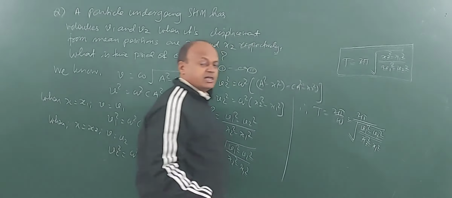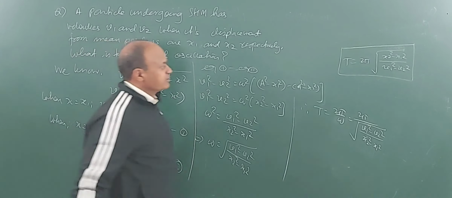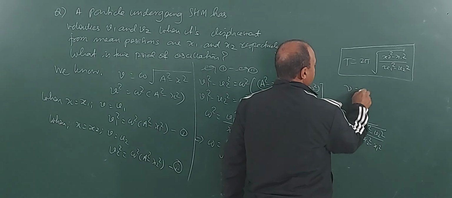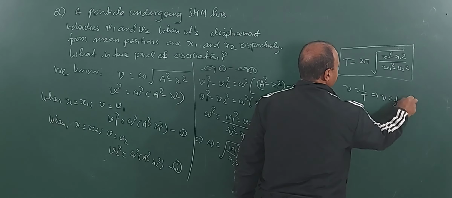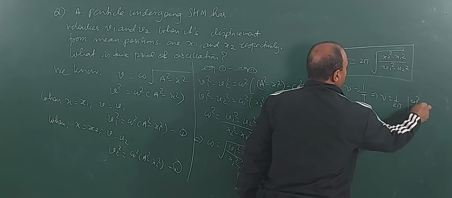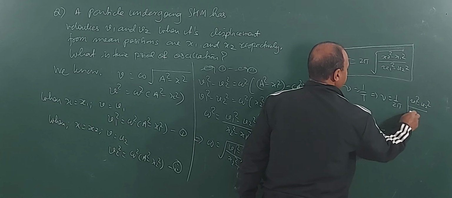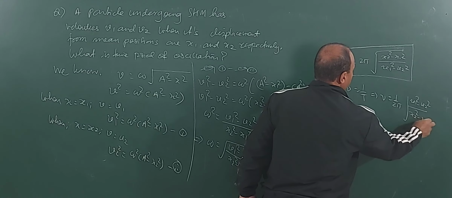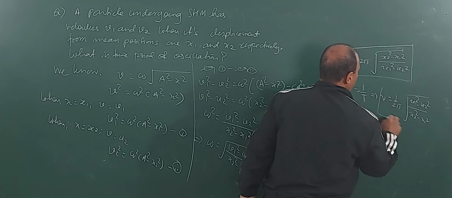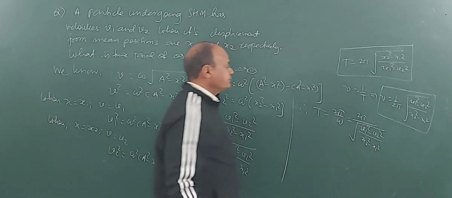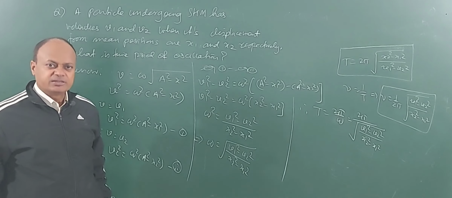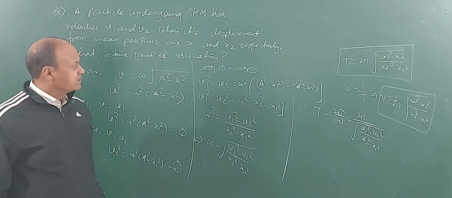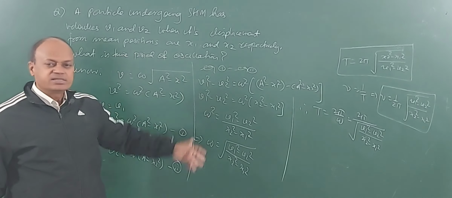So, this is the time period, and if you want to calculate frequency, then frequency also you can calculate. Frequency is 1 by time period. So, frequency will be 1 by 2 pi root over v1 square minus v2 square divided by x2 square minus x1 square. So, we calculated time period as well as the frequency of the oscillation when the particle is fulfilling these conditions.